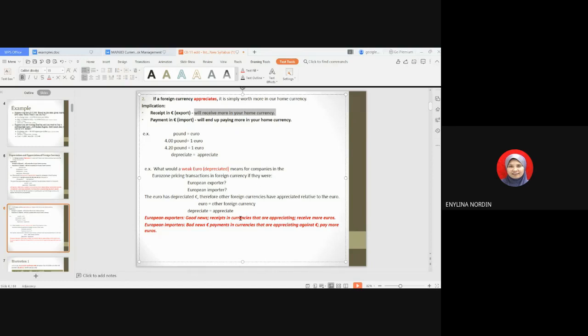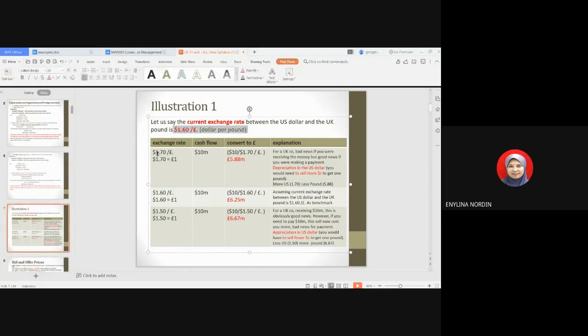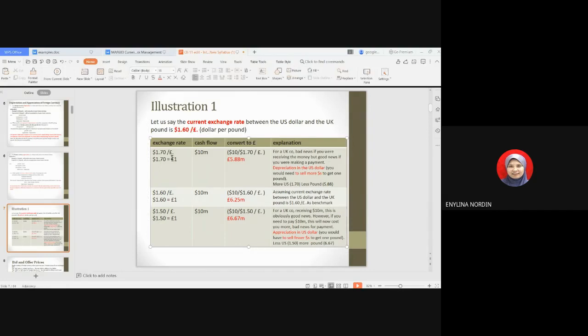Next, this is the illustration. You are given the current exchange rate between the US dollar and the UK pound sterling. You compare this to this. Let's say the next day the exchange rate becomes 1.7 dollars equals 1 pound.